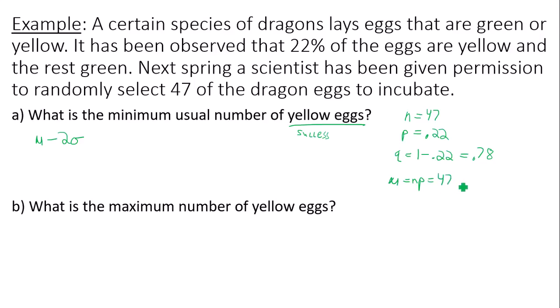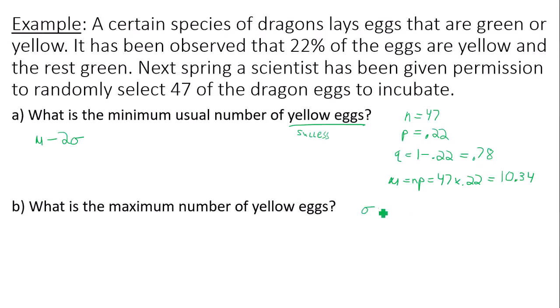It's 47 times 0.22. That is going to give you 10.34. It would be wise likely to round this to 10, but I'm going to keep this exact answer so that way I don't have rounding errors when I find the minimum and the maximum usual values here.